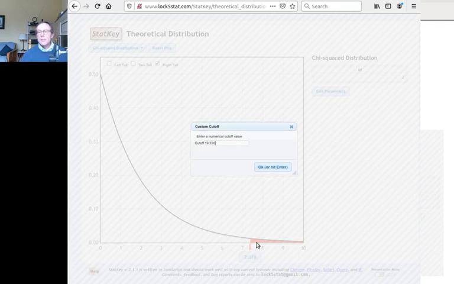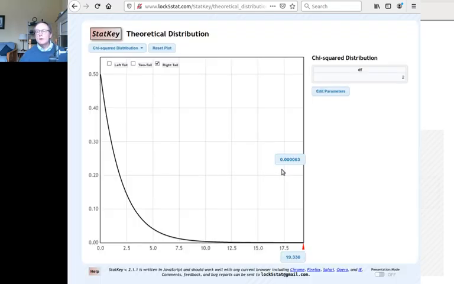Hope I did it right. There we go. And it again says practically 0. How many zeros are there? 1, 2, 3, 4. 4 zeros and a 6, 3. So the p-value is basically 0.